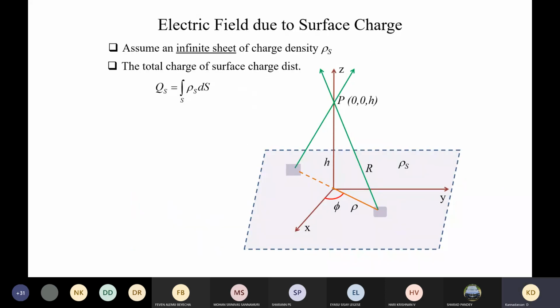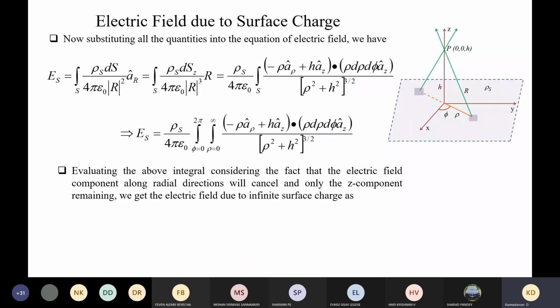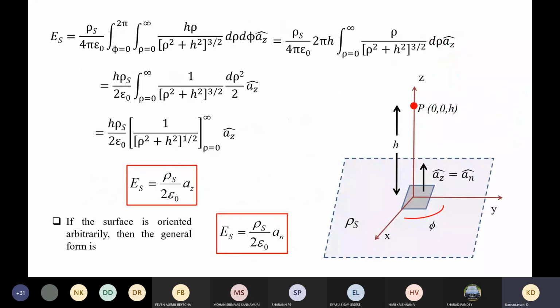We also did a very similar workout for the infinite charge density, and I'm not going to explain it again. Here also we can see very similar behavior, with cancelling out on both sides. Finally, what we should understand is the induced electric field due to the surface charge with this charge density.